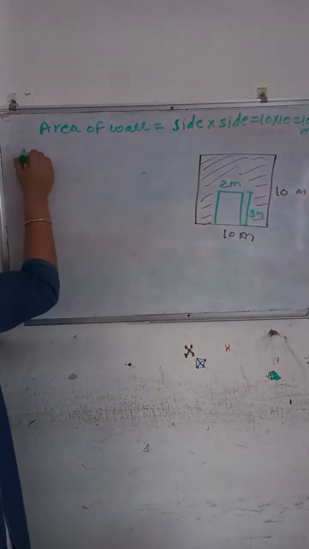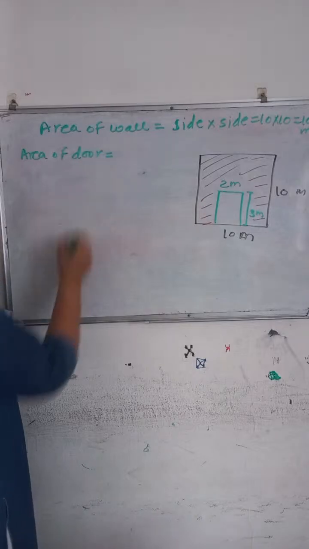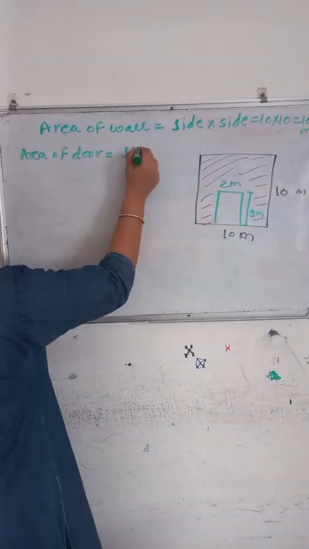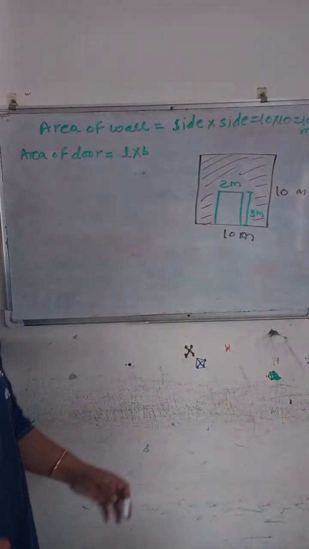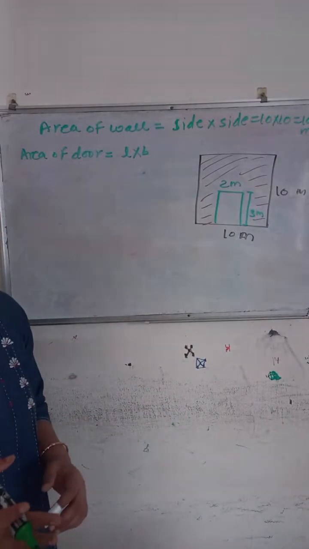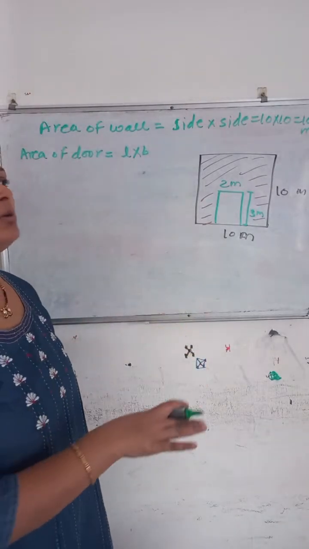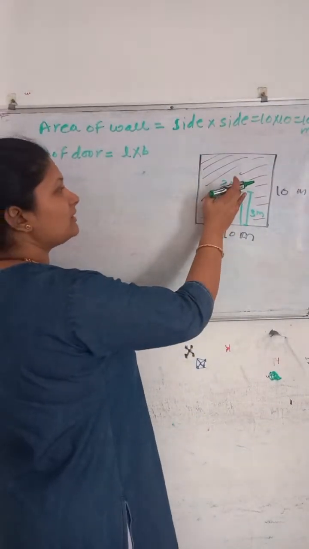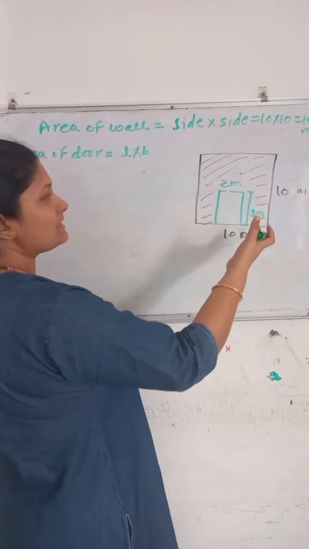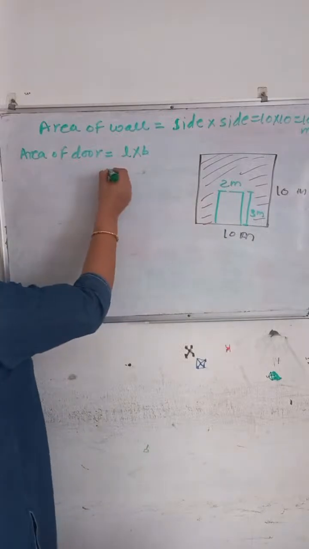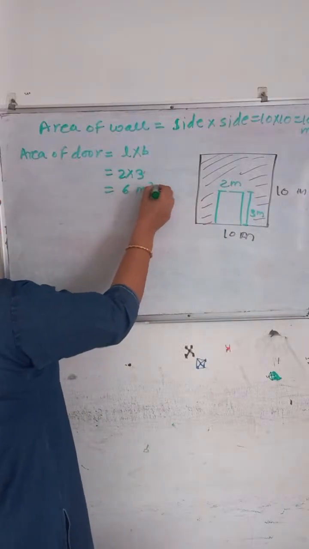Now I can find the area of the door. Area of a door is length into breadth, because this is rectangular in shape. In a rectangle, opposite pairs are same, but adjacent sides are not same. So we have to identify: one is 3, another is 2. That means this is a rectangle, and in the wall all the sides are same. So length into breadth, 2 into 3, that is 6 meter square.